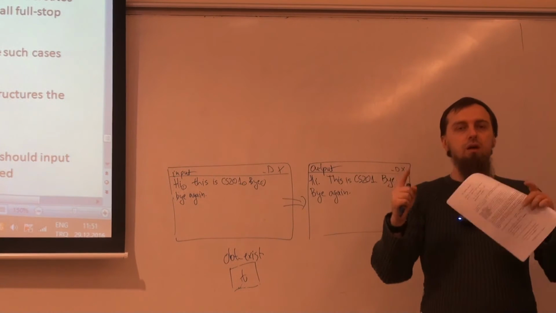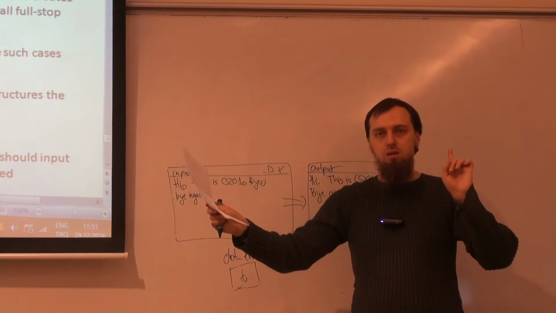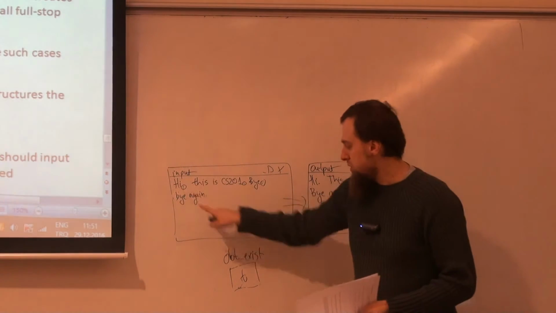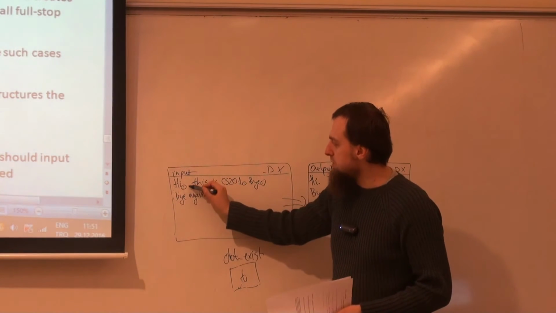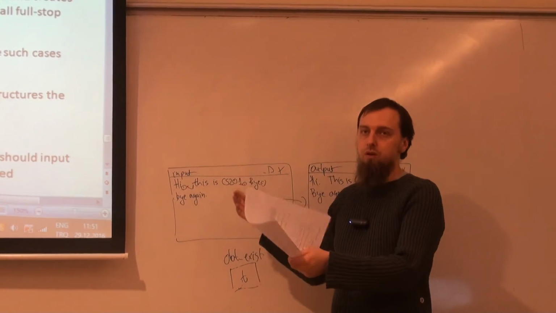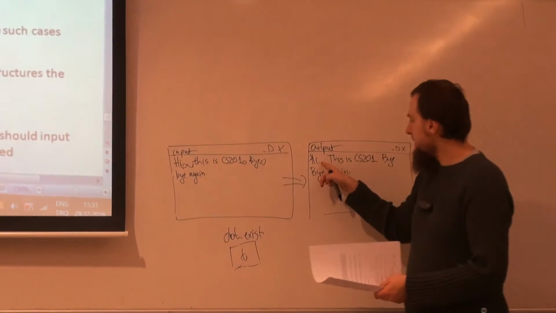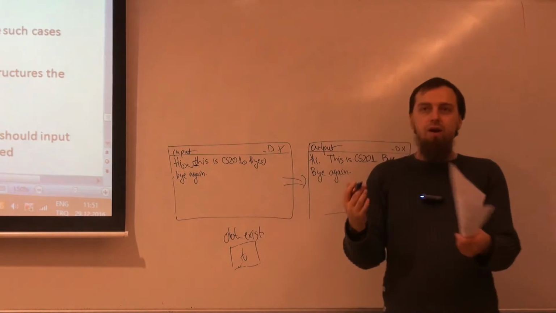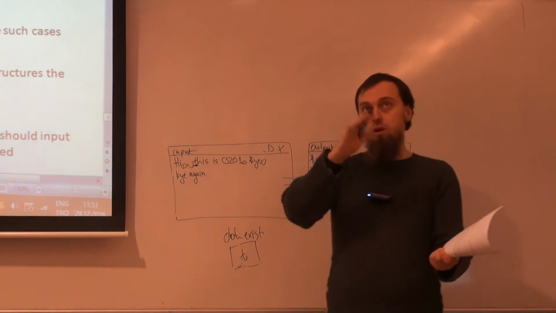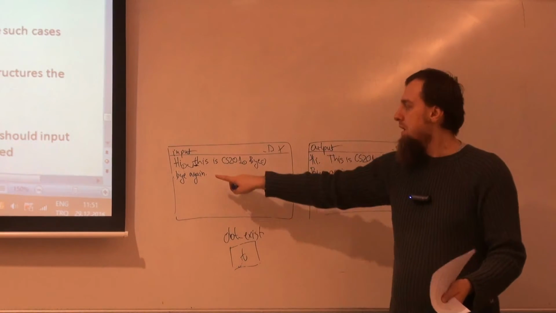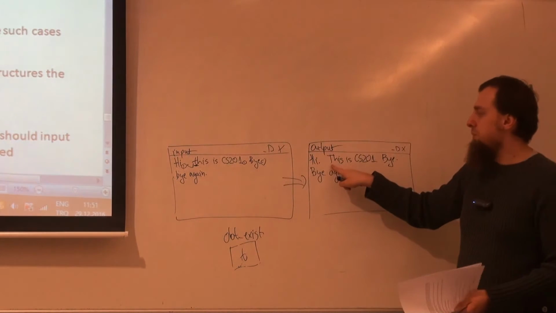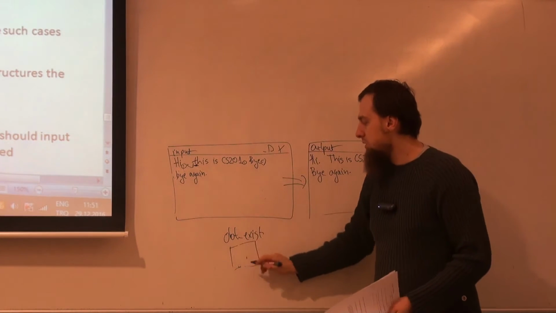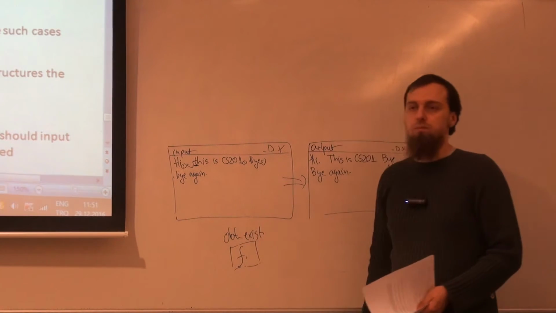Meaning if it's a letter between A and Z, it should be an uppercase letter. So dot exists, but after it I have an empty space, a new line or whatever, and I write them as they are. At the first appearance of a letter character between A and Z of the English alphabet, I convert it to uppercase, okay? And when I convert it, I make dot exists false again.